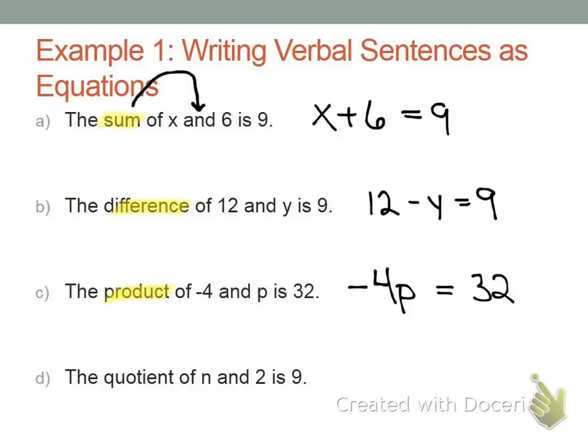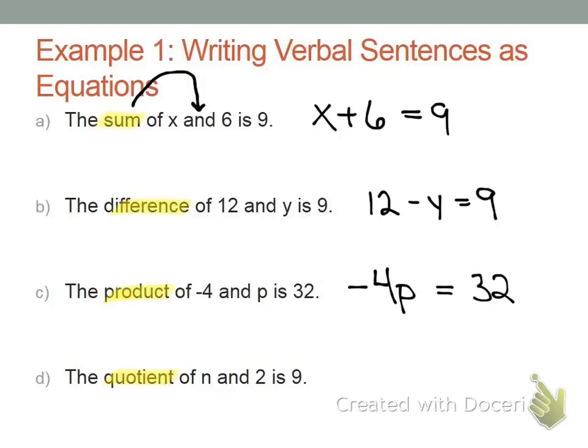All right, and then what about D? What's my key word? Class, what's my key word? Quotient. Someone raise your hand and tell me, how do I write that equation? Somebody new. No. How do I write that equation? Anybody else? Think they know? Emily, you sleeping on me back there? What do you think?